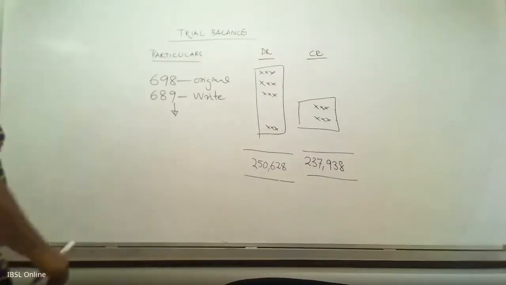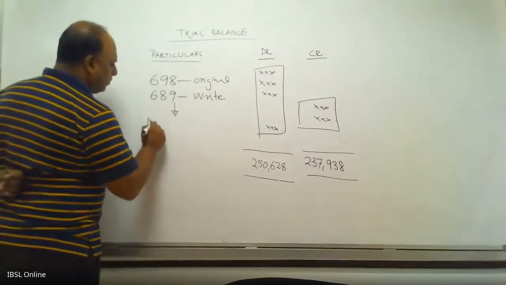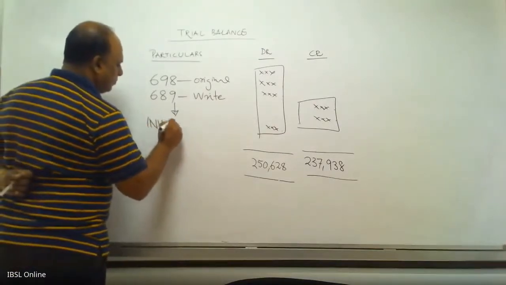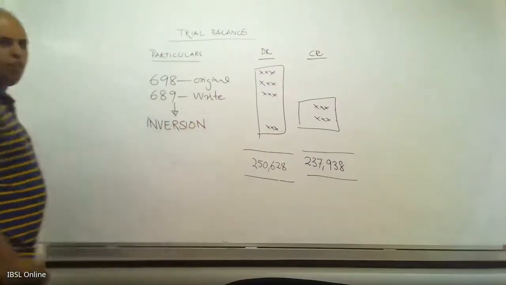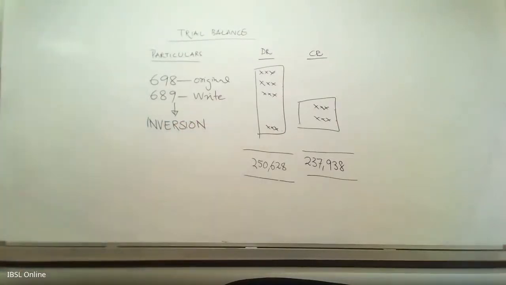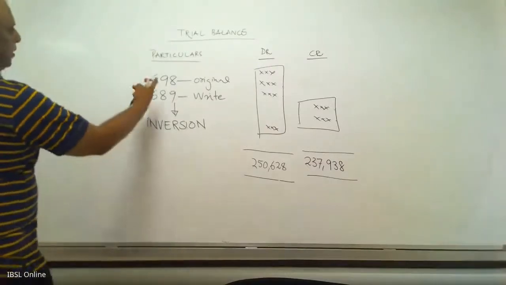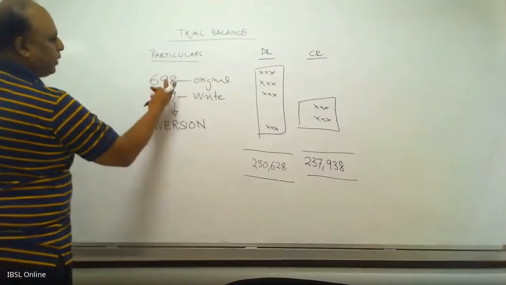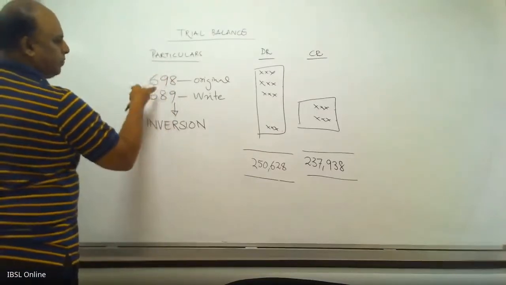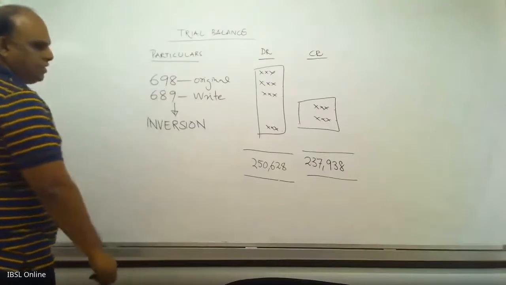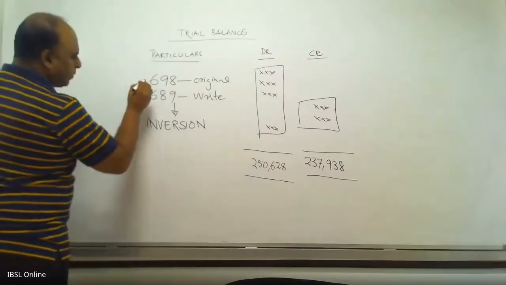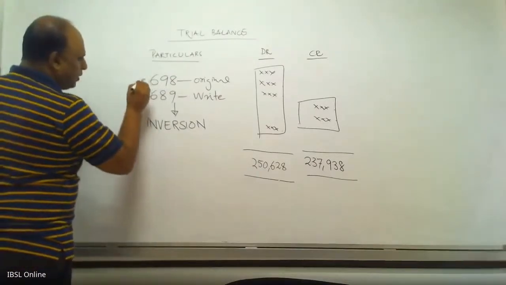Have you heard of a term called inversion? Inversion. That is, there is a shift between the two numbers here. You see, 98 has been written as 89. Now what happens here? What is the difference between these two?